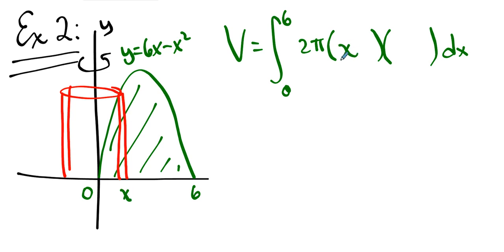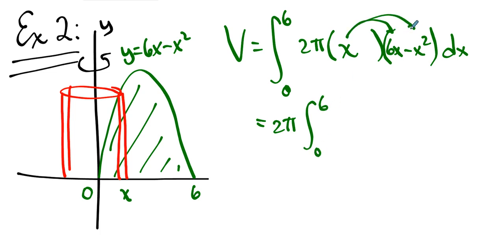That's the radius. The height of the paper towel roll is whatever the function value is. That's 6x minus x squared. So we can pull the 2 pi out. We can distribute this x.